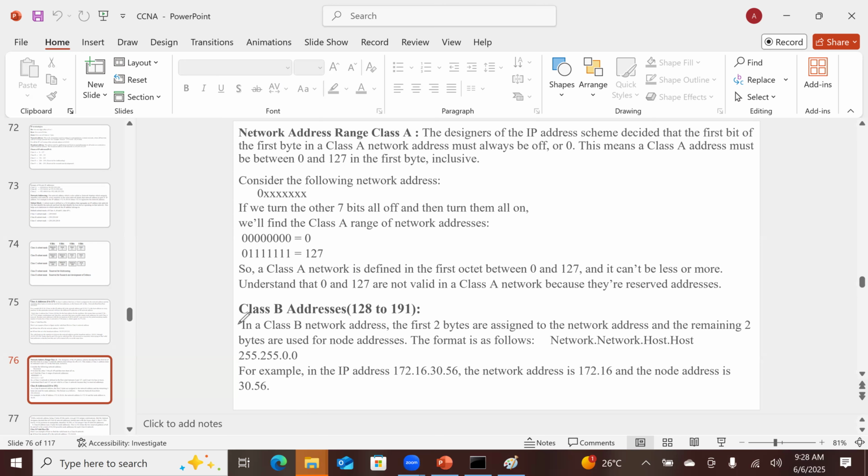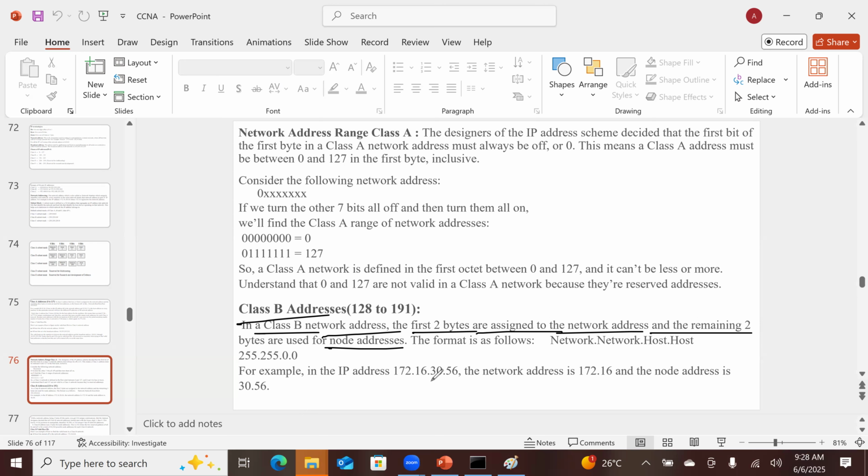Next, we have class B. In a class B network address, the first 2 bytes are assigned to the network address, and the remaining 2 bytes are used for the node address. Then the format will be network.network.host.host. The default subnet mask will be 255.255.0.0.